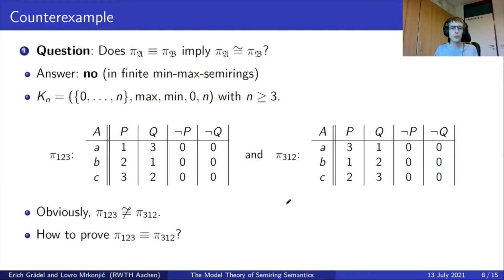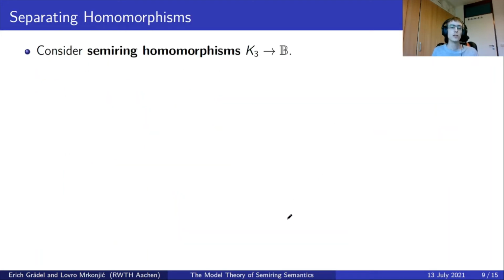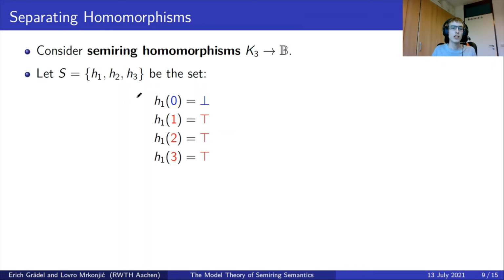So in order to prove that we cannot separate these two k-interpretations, we need to take a detour via semiring homomorphisms and split up our min-max semiring. So what we do is we define 3 homomorphisms, and the first one, H1, basically maps 0 to false and all other values to true.